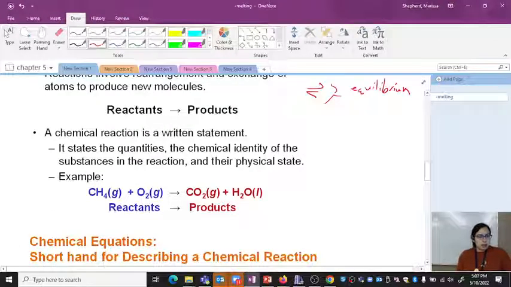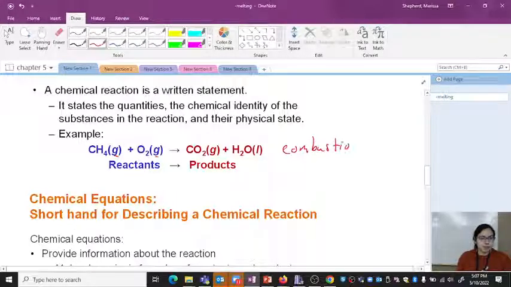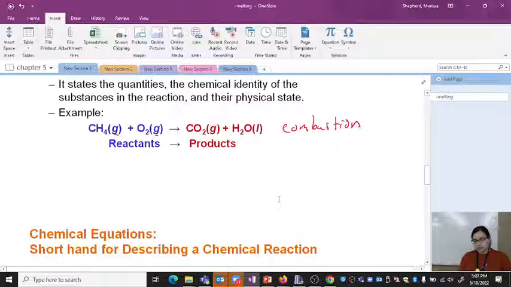When we write all the reactants and products out, we also want to identify the state they're in. Looking at this one, this is a combustion reaction. Let's look at what a combustion reaction is.